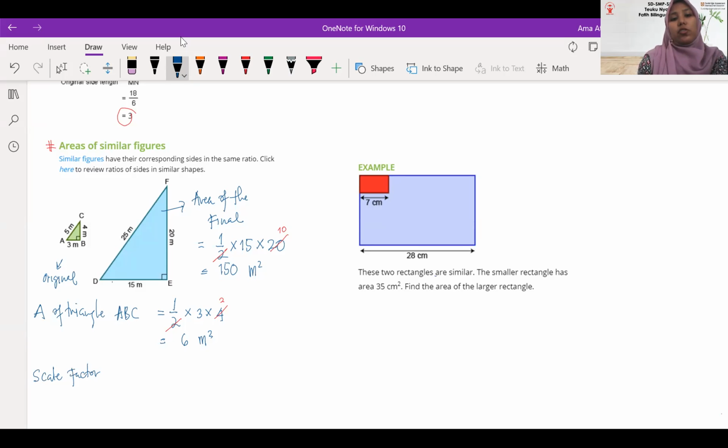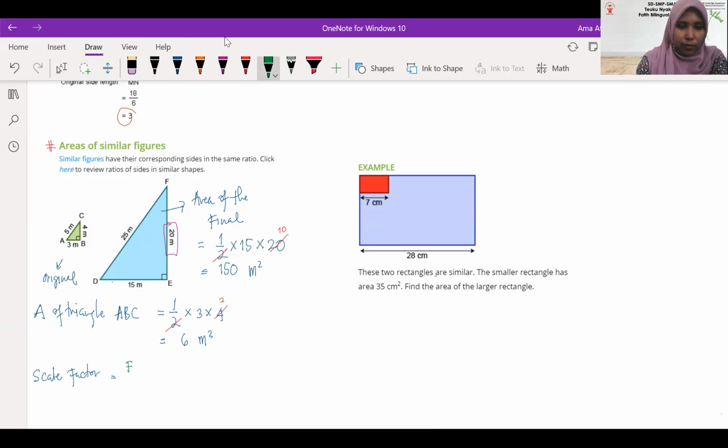Because it is the image, or similar figures, we can just take one of the sides. Let's say I'm going to take 20, the length of EF.